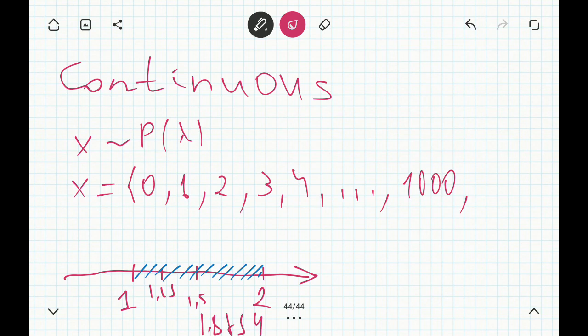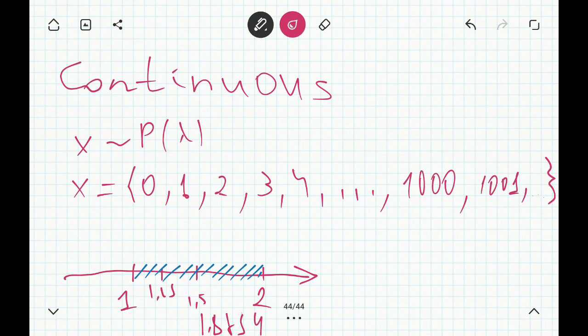Okay, 1,000, 1,001 and so on. There are infinitely many of them, and they are countable. You can count them. You will not reach the end, never, because there are infinitely many numbers, but you can count. All of your life will be spent counting, but you can do that. In case of continuous variable, you cannot do that.